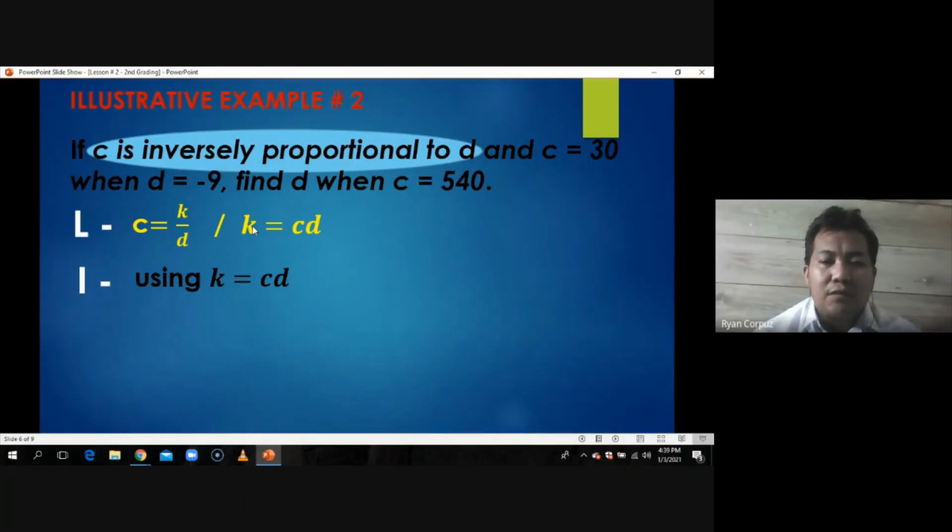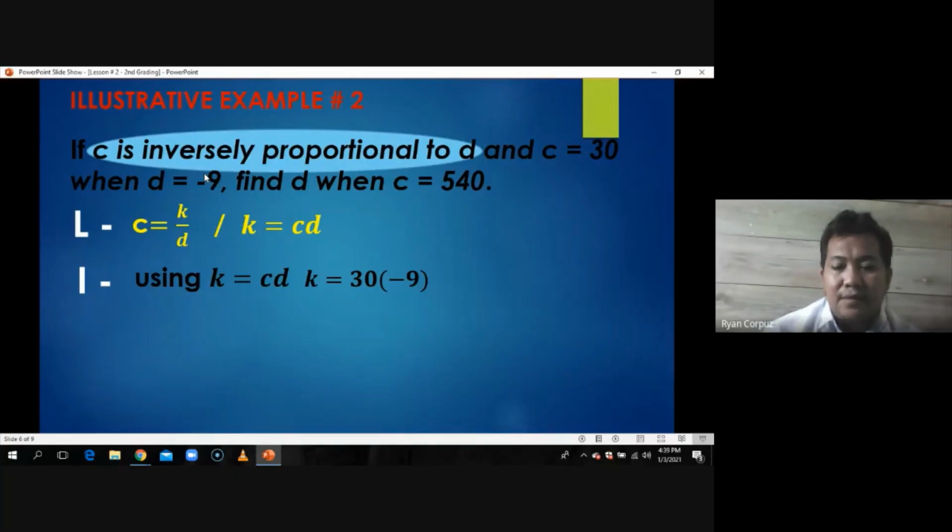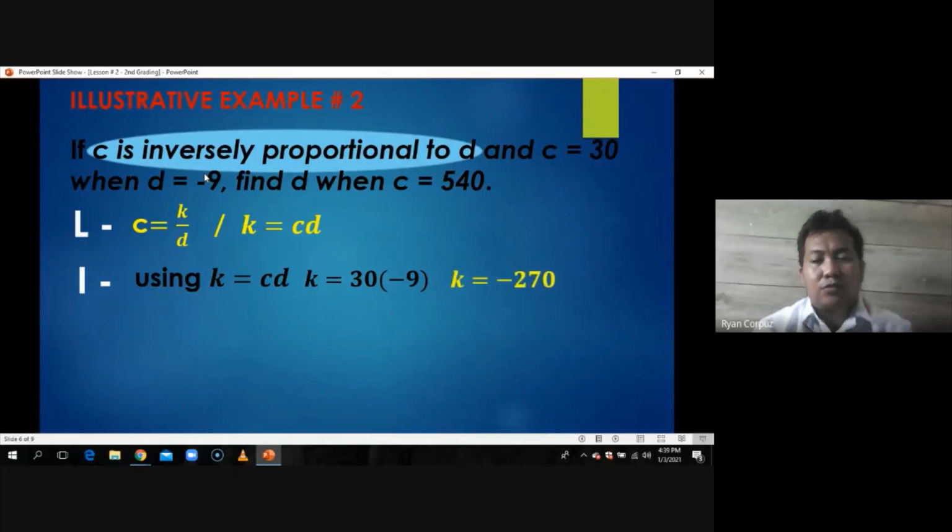So using K is equal to CD, and also using a complete value of C and D in the problem, let us find out the constant of variation. So that will be, substitute, 30 times negative 9. So 30 times negative 9 is equal to negative 270. So the value of K is equal to negative 270.